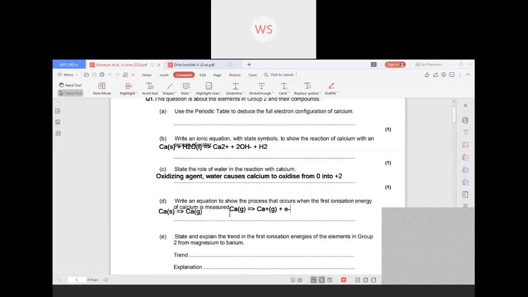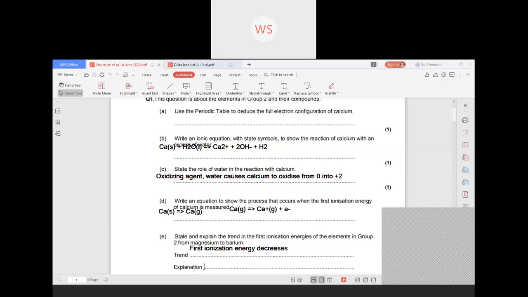And then state and explain the trend in the first ionization energies of the elements in group 2 from magnesium to barium. So the trend: first ionization energy decreases. Why does it decrease?